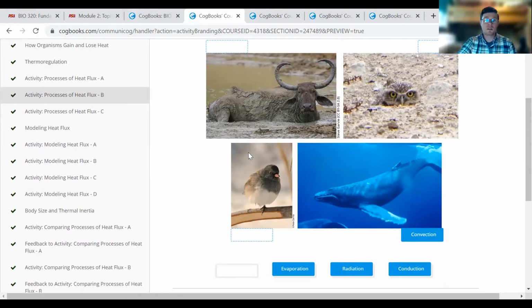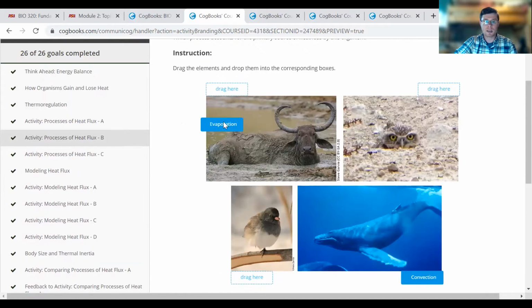So we can just think through these. I think we made some good arguments, and I would agree evaporation is likely the case in this one. They're getting wet in the mud because, what happens to energy during evaporation? Let's finish our argument for evaporation.